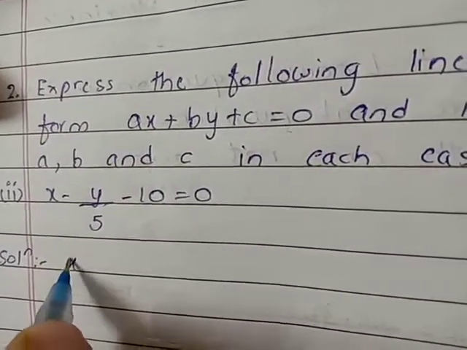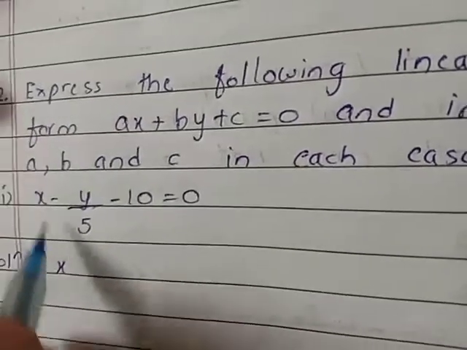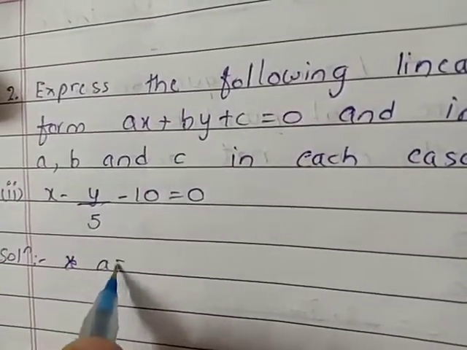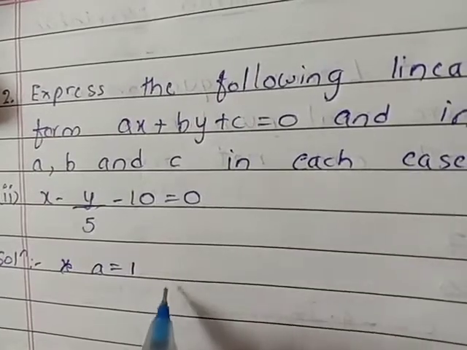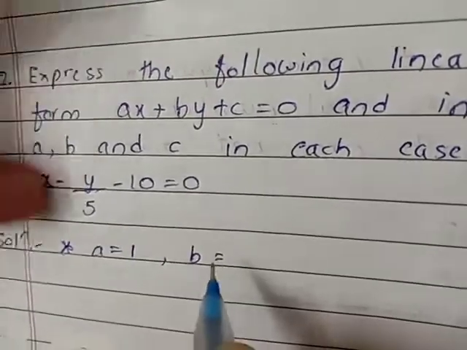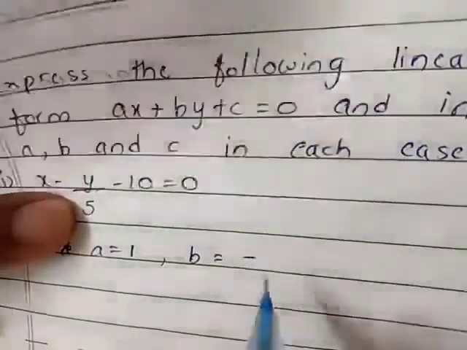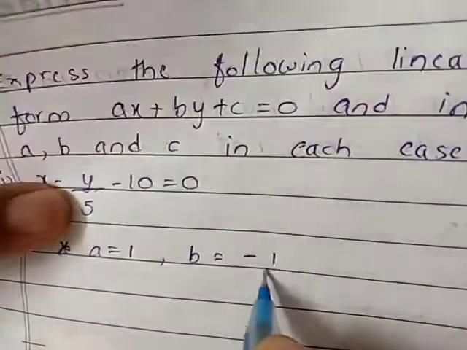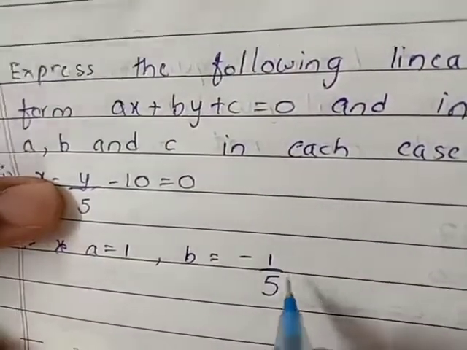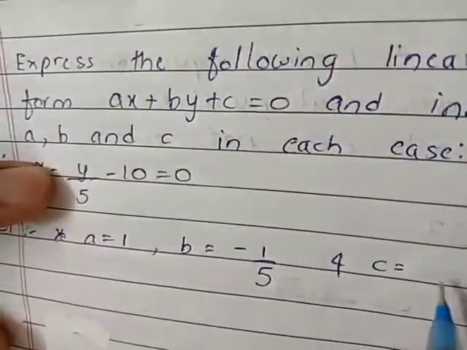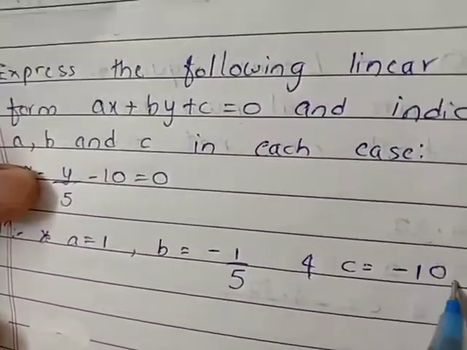What is a over here? A is equal to 1. Okay. What is the value of b? It is minus y by 5. Y by 5 can be written as 1 by 5. Okay. And the value of c equal to minus 10. Okay.